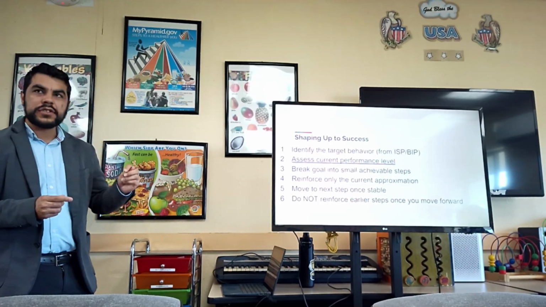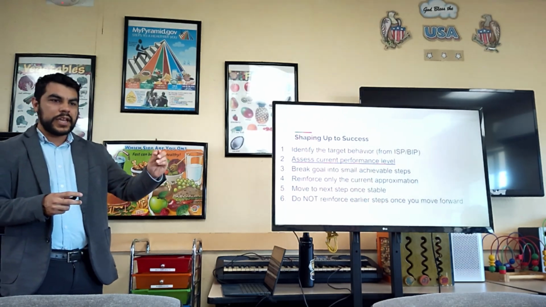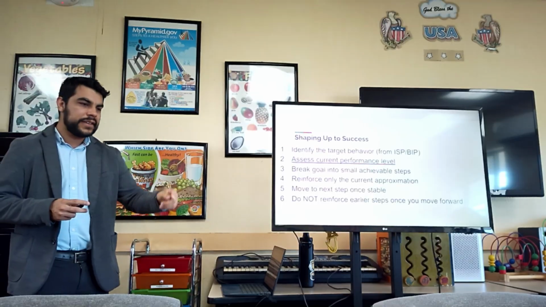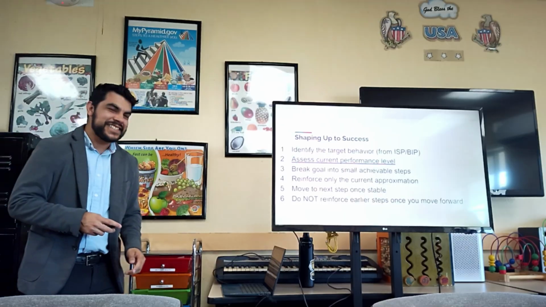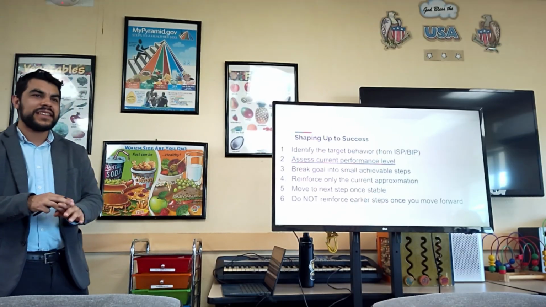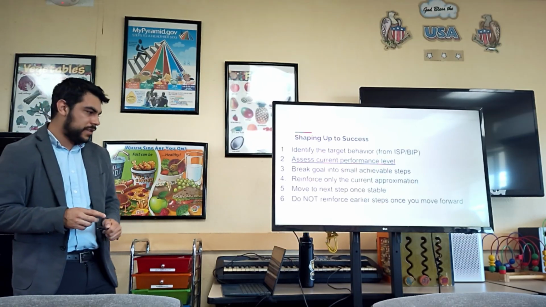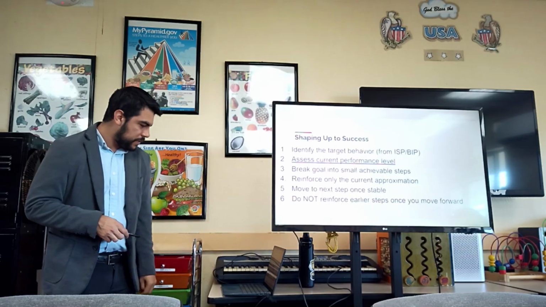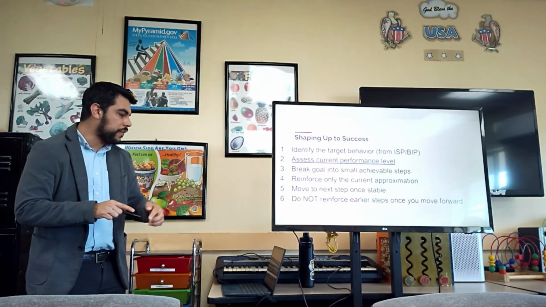And the other thing too is once they have a particular shape, let's say they can do this already, we stop reinforcing them just doing this. Since we already know that's something they have mastered, we then only reinforce the current target, so the behavior can keep improving.